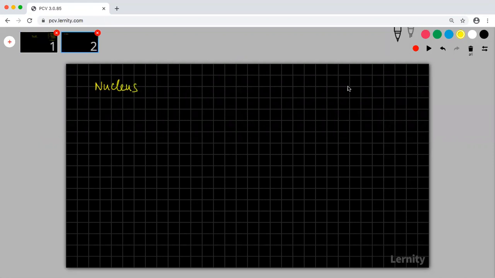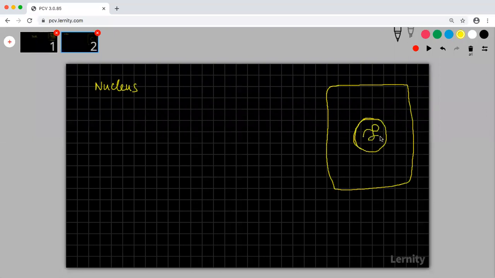If you are going to have any cell, you will have in the center of the cell or somewhere in the cell a structure, okay, which is spherical usually, which will contain what we call it as genetic material.